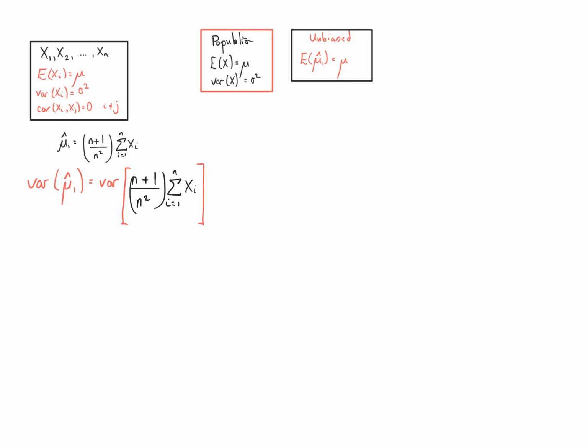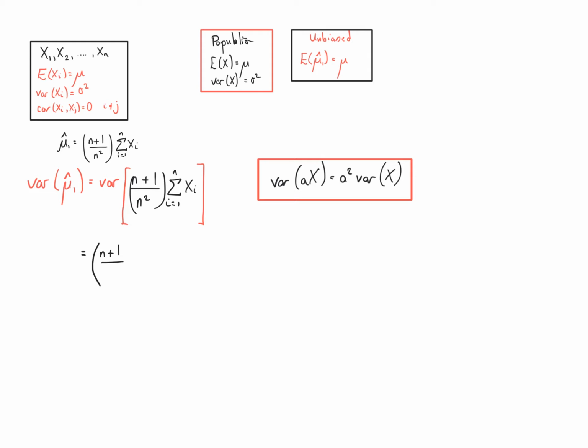We know that the variance of some constant multiplied by a random variable is equal to a squared times the variance of that random variable. So we can take this n plus 1 over n squared outside and rewrite this as n plus 1 over n squared, all squared, times the variance of the sum of the xi's.